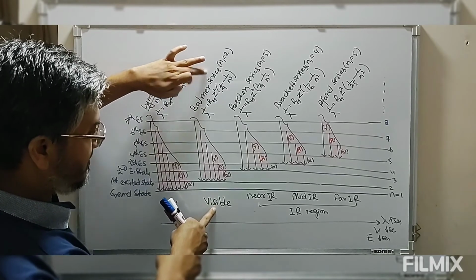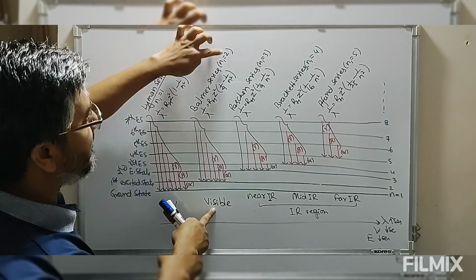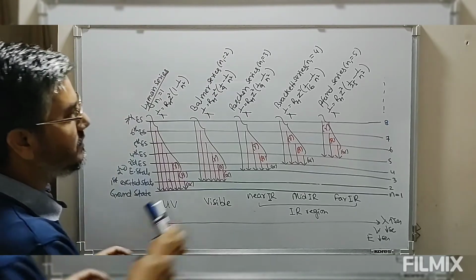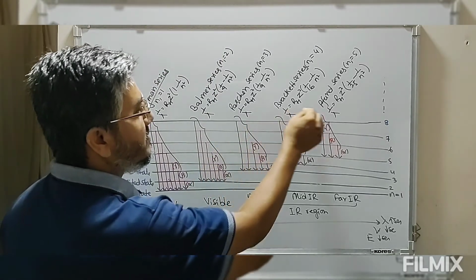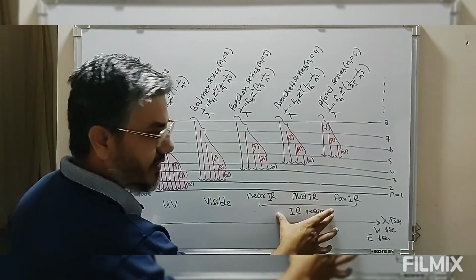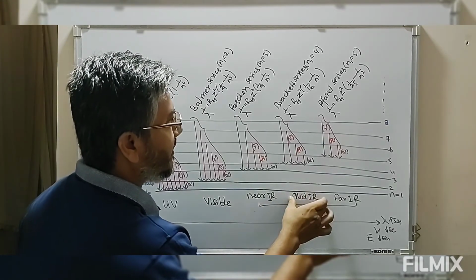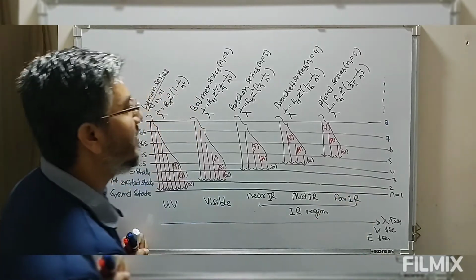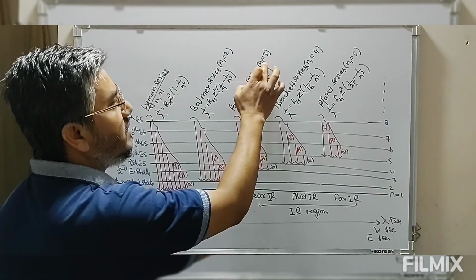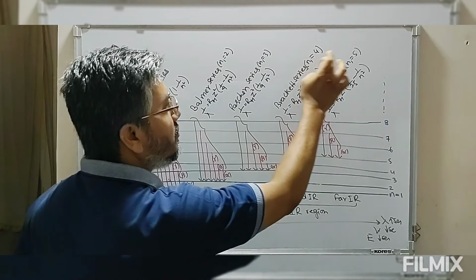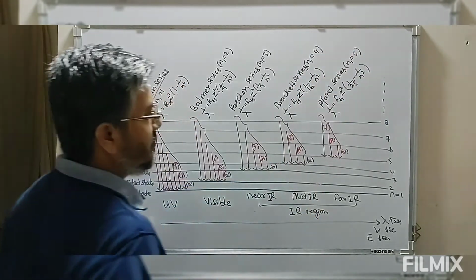Balmer series, that lies in the visible spectrum, N1 equals to 2, so we have Rydberg equation. Paschen series, Brackett series, Pfund series, all these lie in infrared region. This is near infrared, Paschen, mid infrared, Brackett, Pfund series, far infrared. N1 for Paschen is 3, Brackett is 4, Pfund is 5. So we have looked at this.